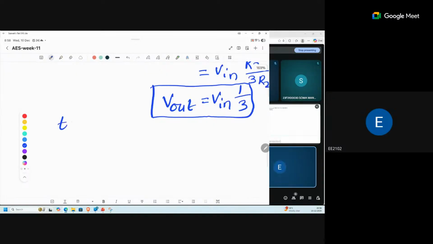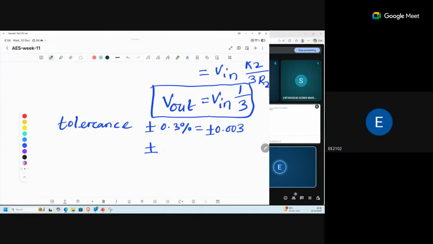Okay. The tolerance value is given. Tolerance is nothing but this variation: plus or minus 0.3% is nothing but plus or minus 0.003.